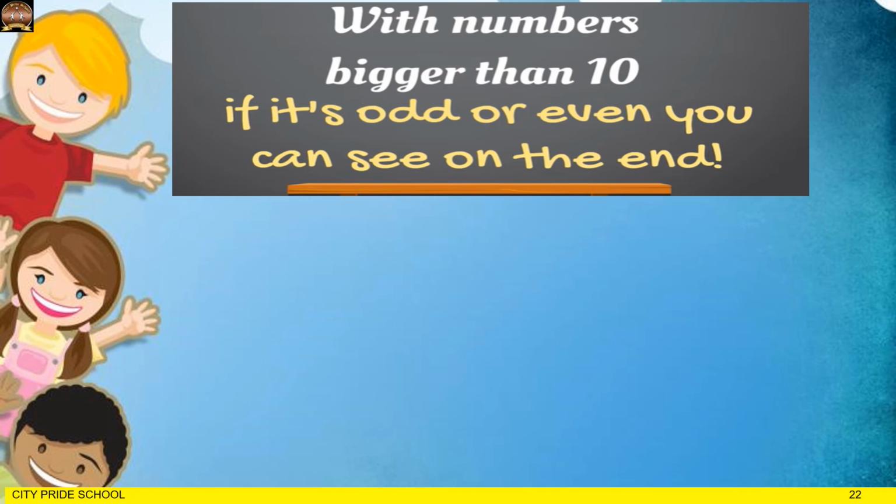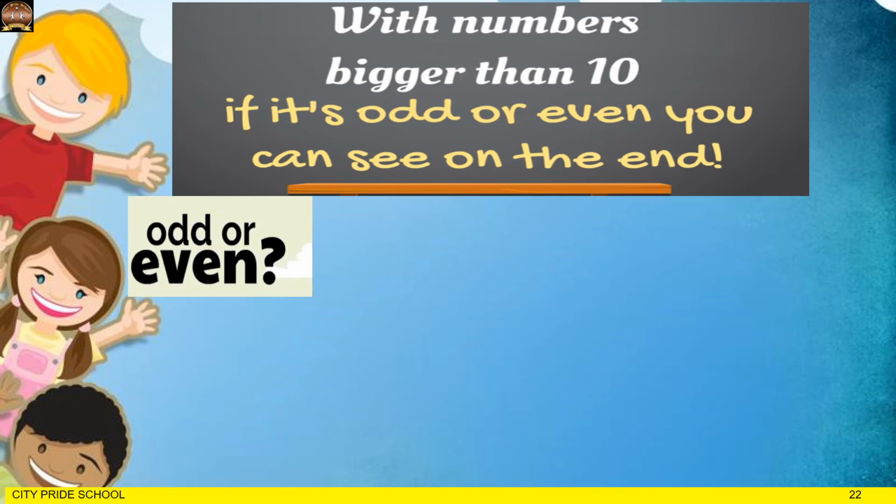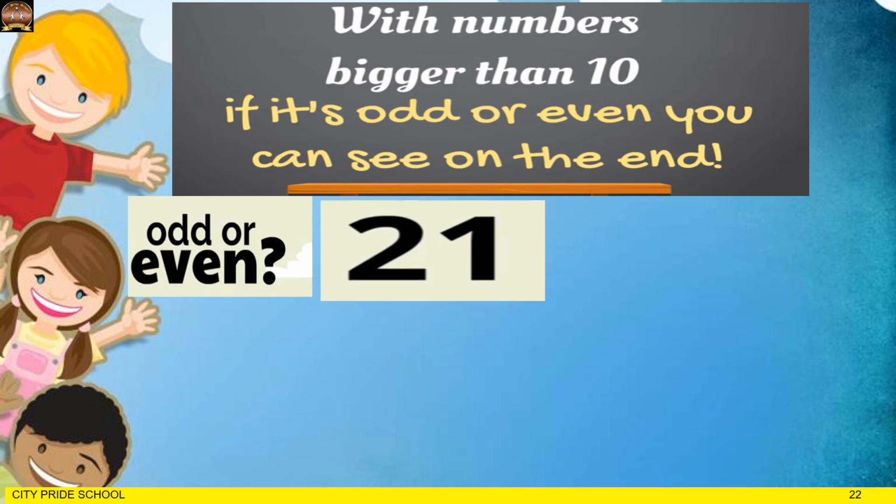With numbers bigger than 10, whether it's odd or even, you can see at the end. So I told you already. Now we have to find out whether it is an odd or an even number. We have to find out the end number. Here there is 1. So is it an odd or even number?